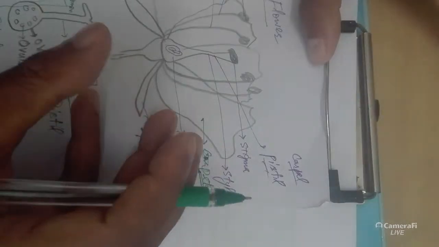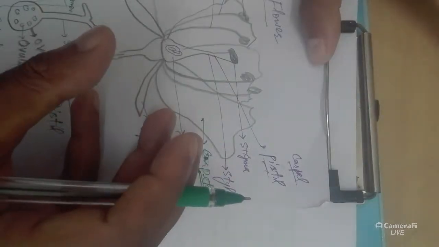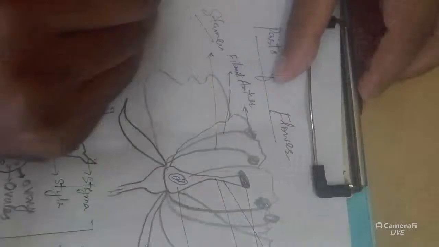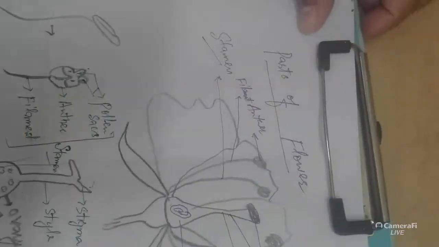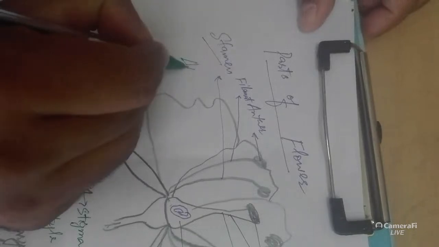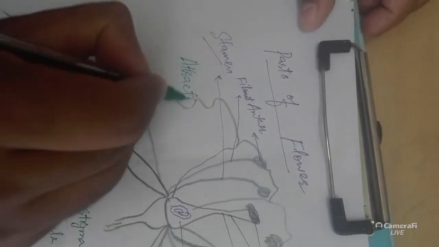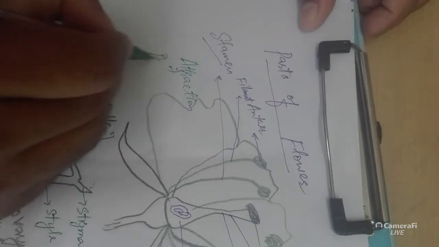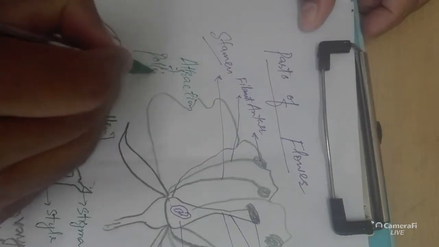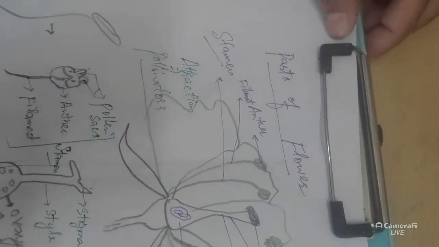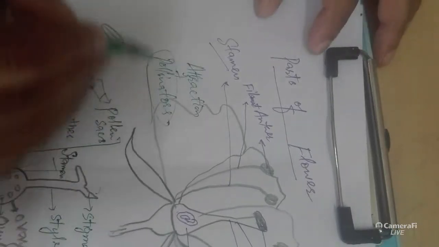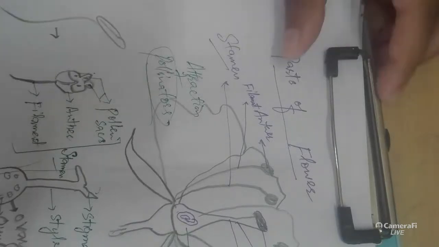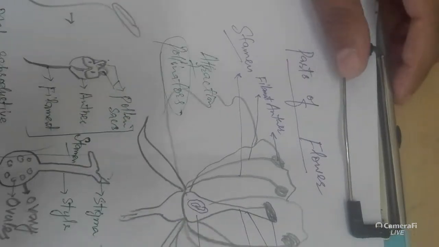Because in order to attract pollinators, they help in the attraction of pollinators. What are pollinators? These pollinators are agents, like insects, which help in pollination.